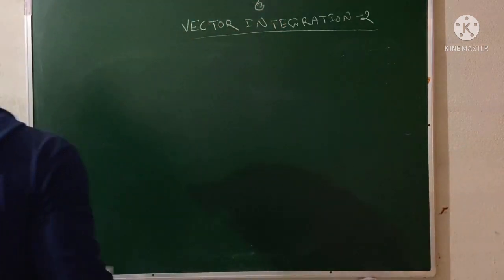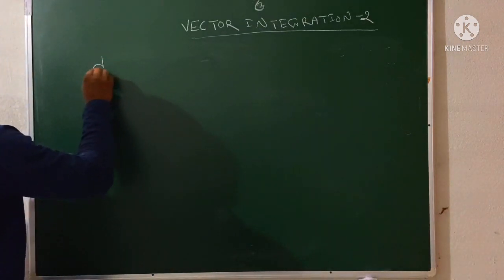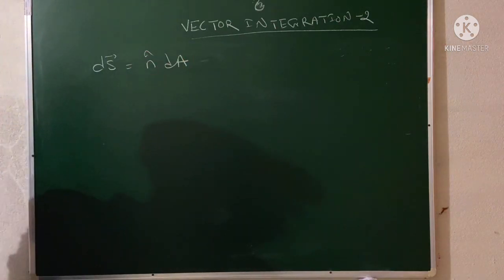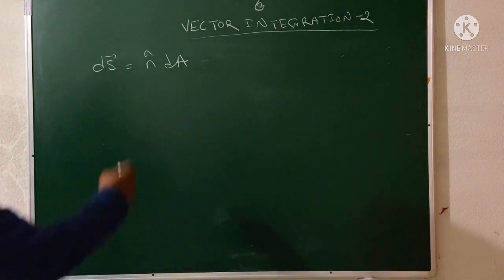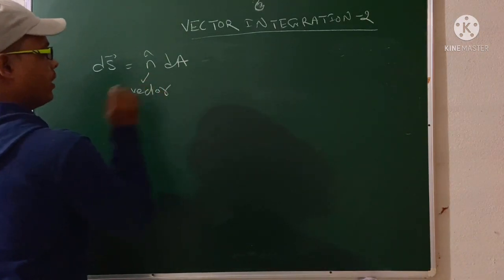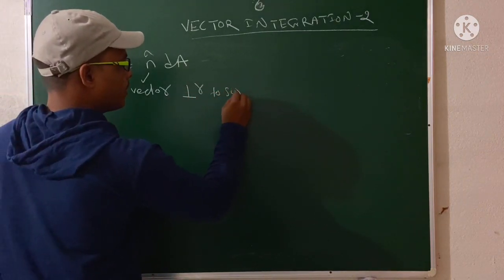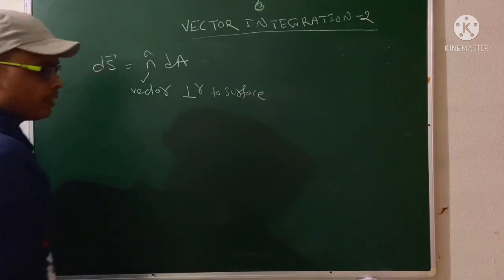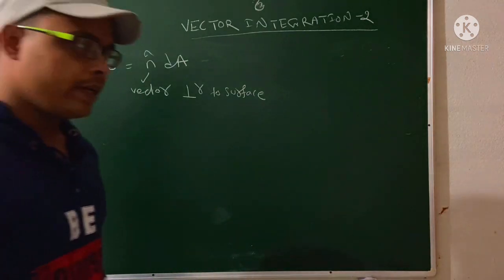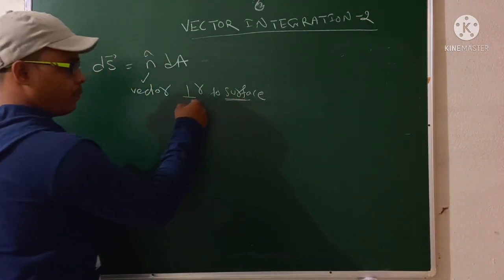Remember, we can write the dS vector as n cap into dA, where n cap is the vector perpendicular to the surface. Why have we written perpendicular to the surface? Because the normal of a surface is always perpendicular.